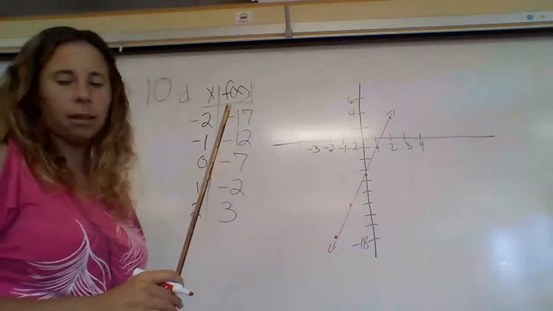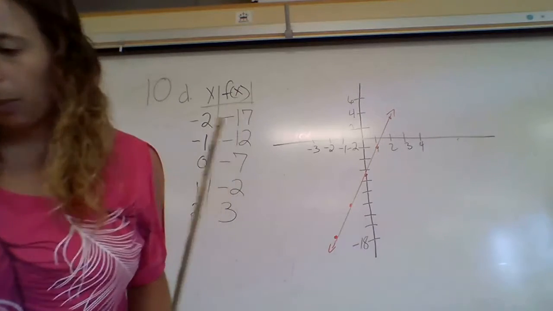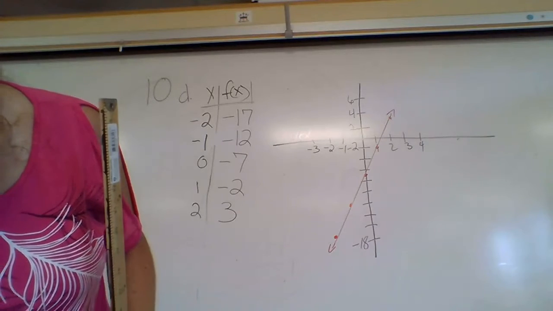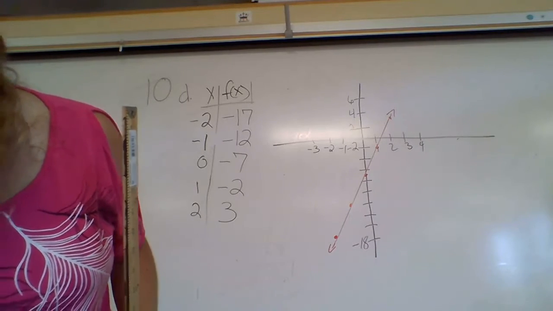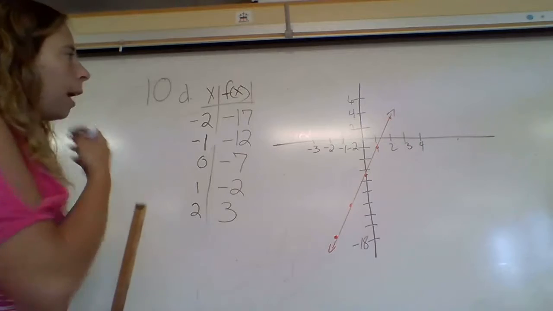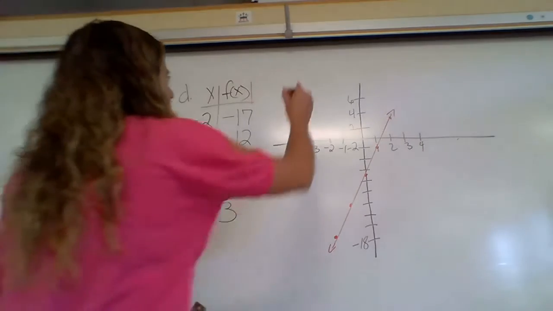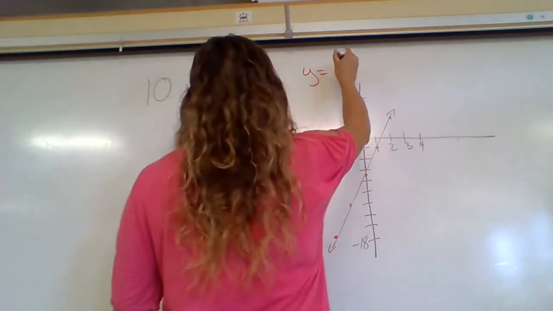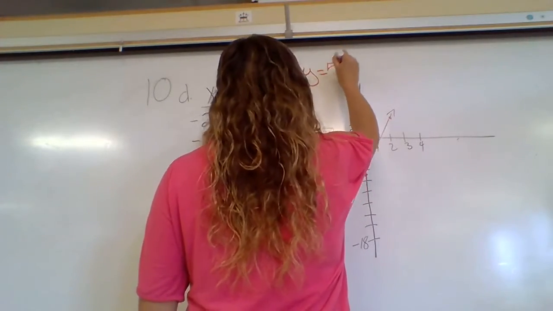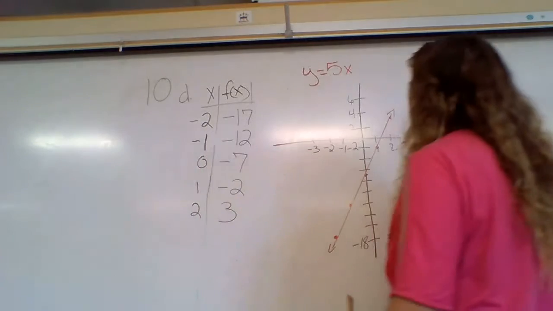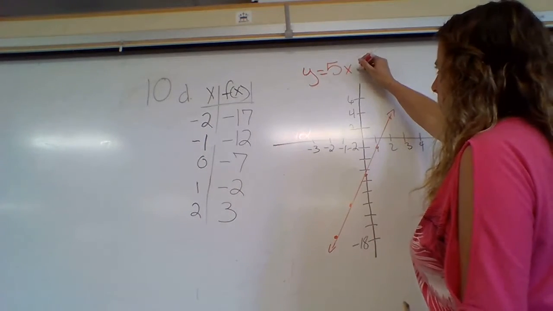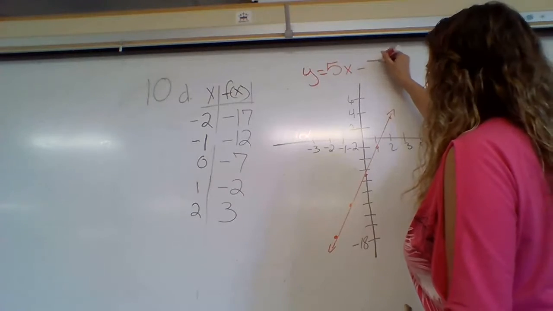And I think that's all they want, right? For you to graph them. Oh, you have to write your explicit equation above the graph. Okay. So this was y equals 5x minus 7.